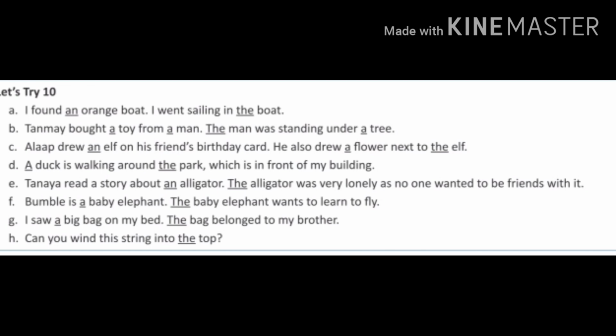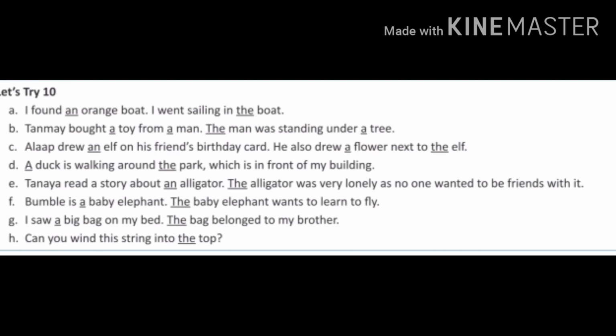So we use the before alligator. Next, Bumble is a baby elephant. The baby elephant wants to learn to fly. Here we use a before baby elephant and the before baby elephant again because baby elephant is the same noun again. So we use the.